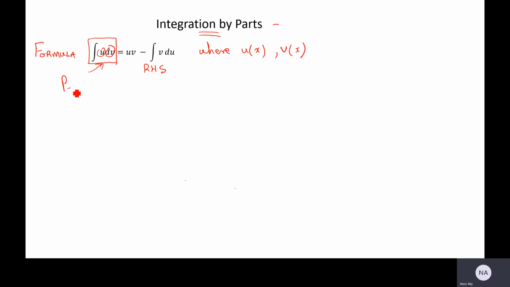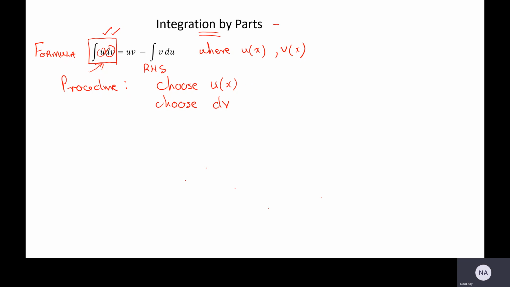So the procedure would be, firstly, choose U from the integral that is given, choose a function that you allow equal to U, then you choose the other part of the product to be dV.